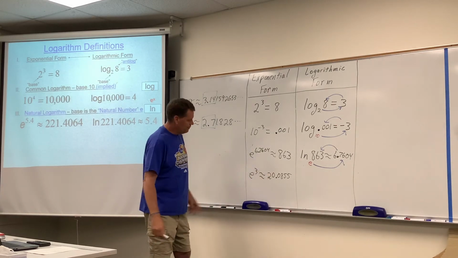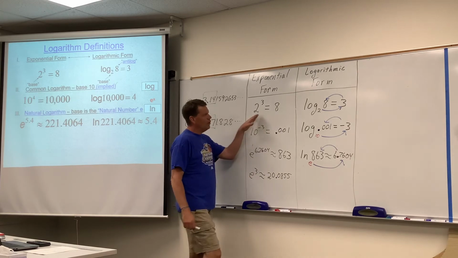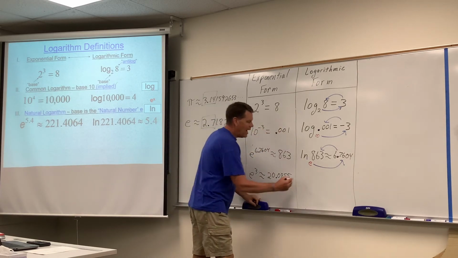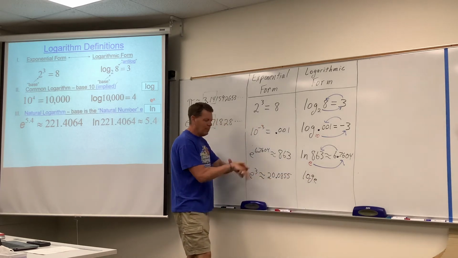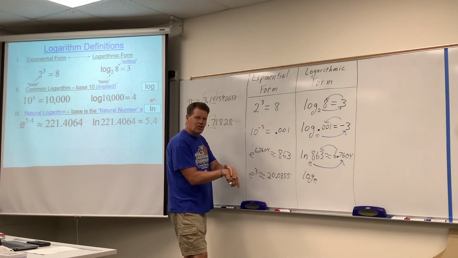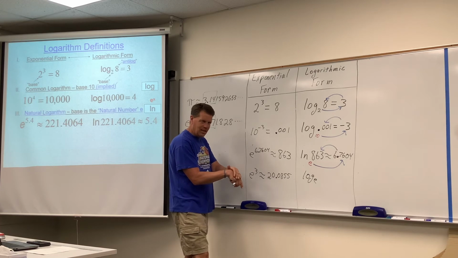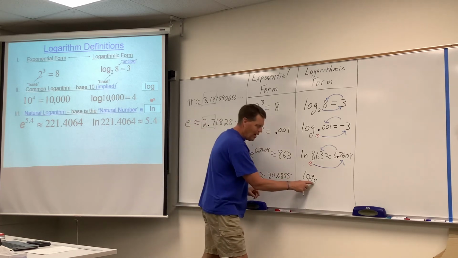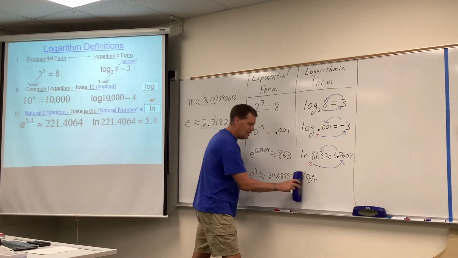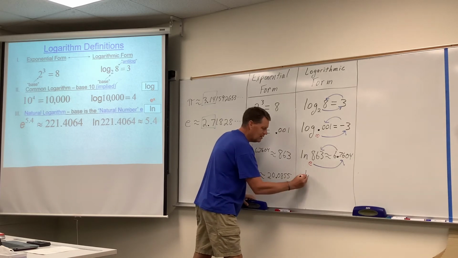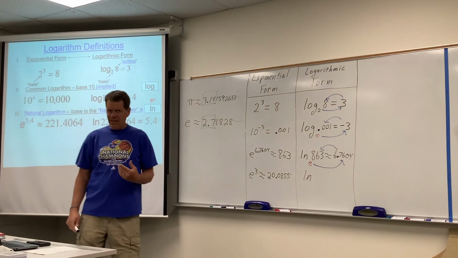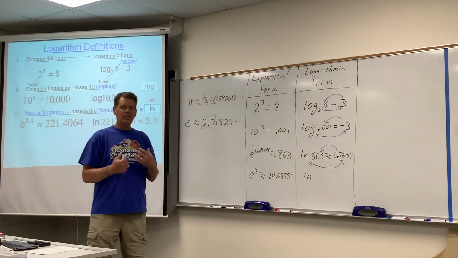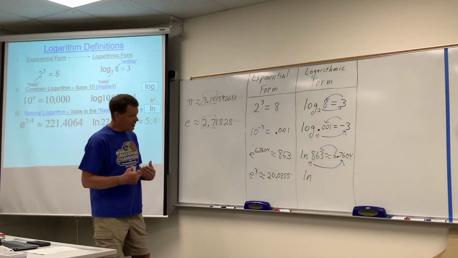Now, when you change these over to logarithmic, I know it's tempting to write log base e. But there's a special symbol for log base e. This isn't really how you write this. Log base e is written as natural logarithm. So let's not write log base e. It's ln, the symbol that represents log base e.